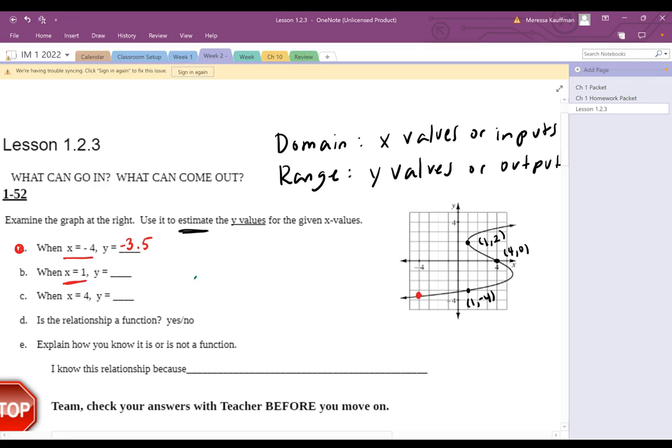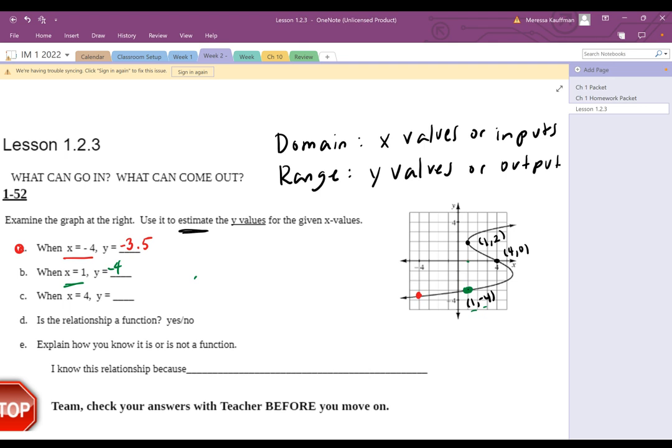So I just want you to see where the input, at different input, X is equal to 1. X is equal to 1 is right here on my graph, but I want to find out where the output is. Well, there it is right there. We actually had it part of the graph when we graphed it initially. So my input is 1, my output is going to be -4. So that's what you're going to be doing.